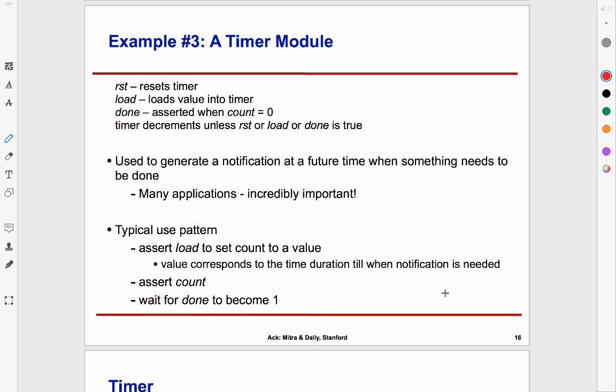If I assert the load signal, then some value from the outside world is loaded into the timer. It's like setting the timer, if I want to have it count down for 5 minutes, I'm loading 5 minutes into it.